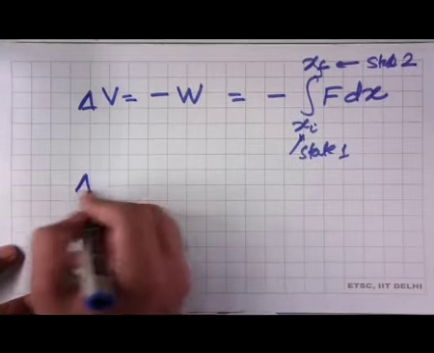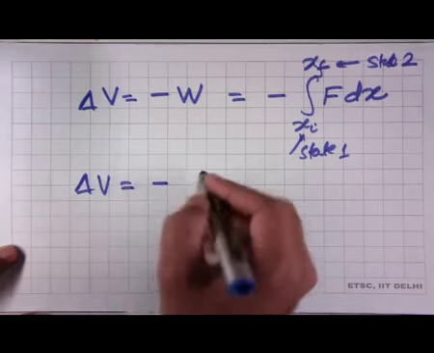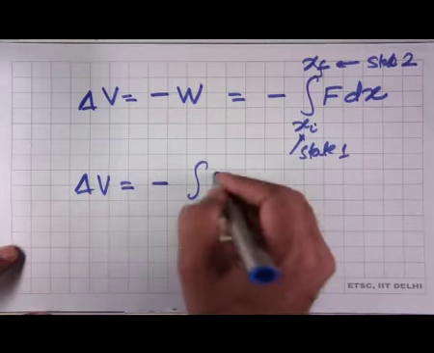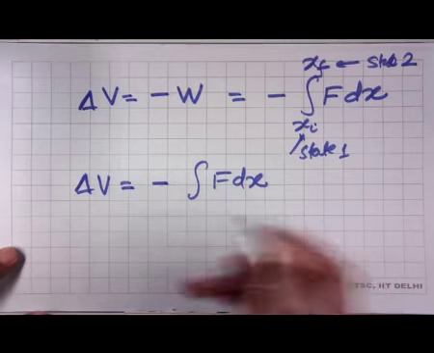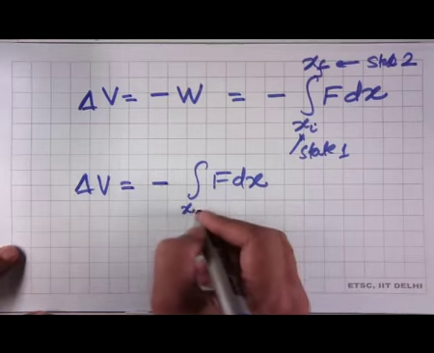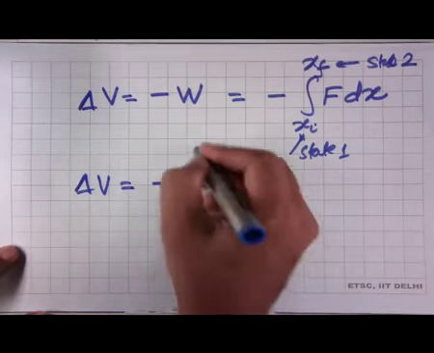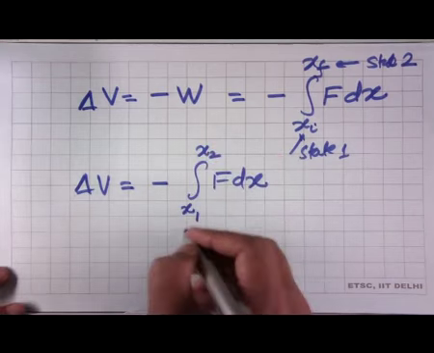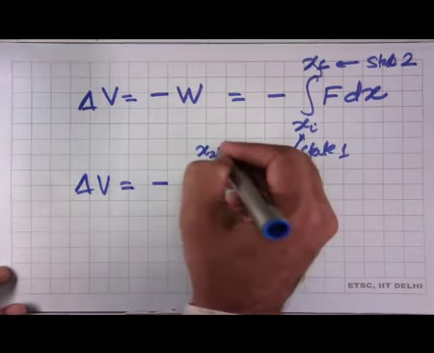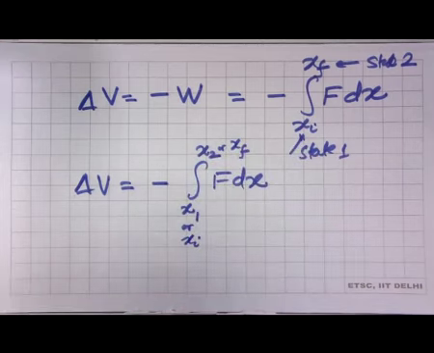So, change in potential energy will be given by minus the integral of f dx, from state x1 to state x2, or xi to state xf.